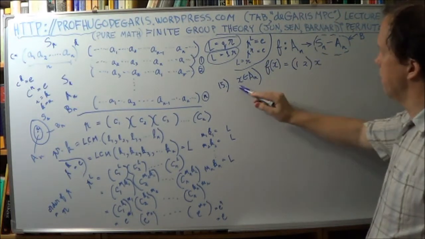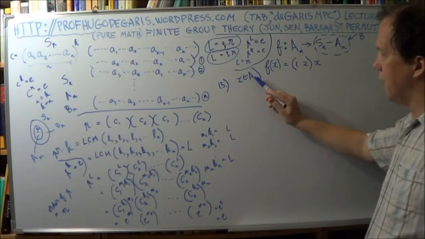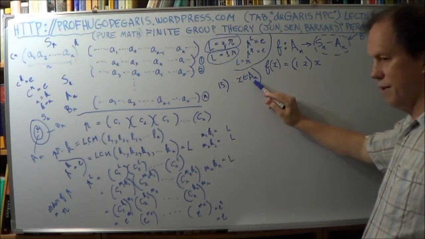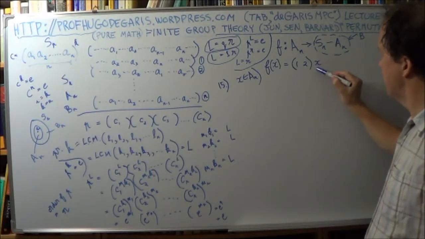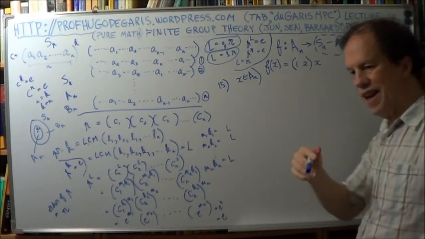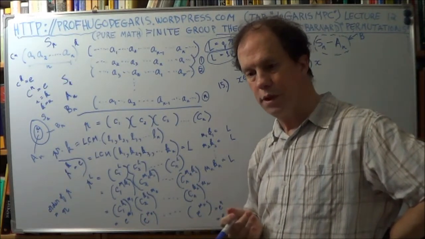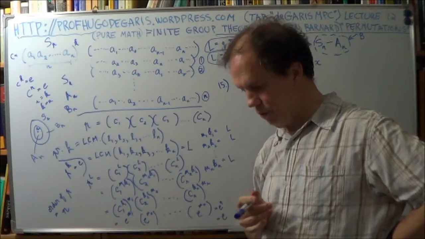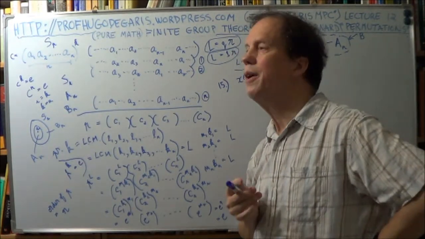And x here is a member of the alternating set, and that means it's even. That means that this member has an even number of transpositions.